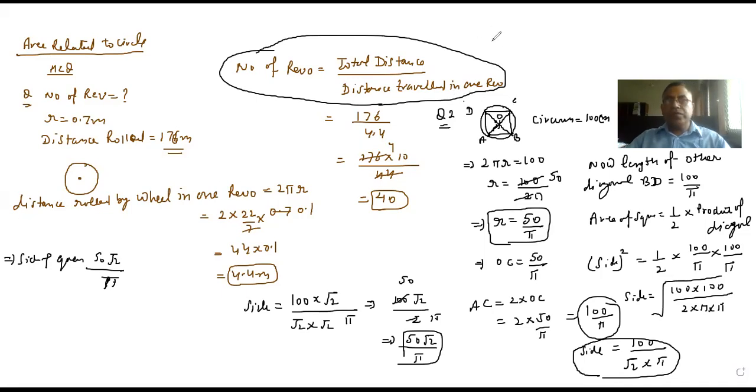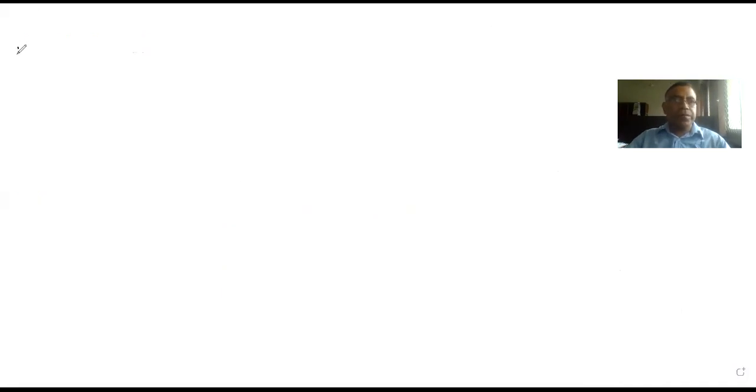Chaliye, we come to the next question. Last question maybe. A circle of diameter 42. This is a circle. The diameter of this circle is 42. This is the center. Let EB be the diameter.